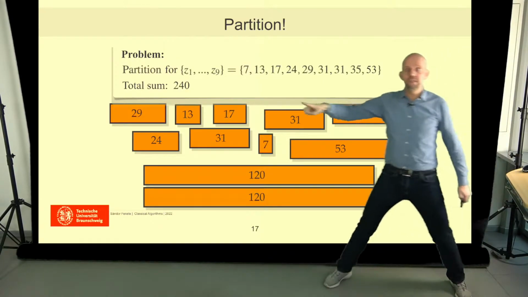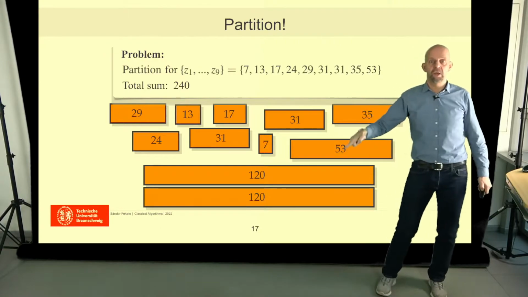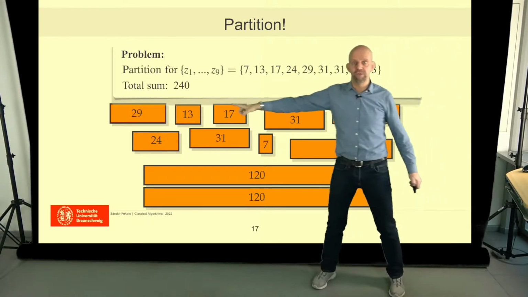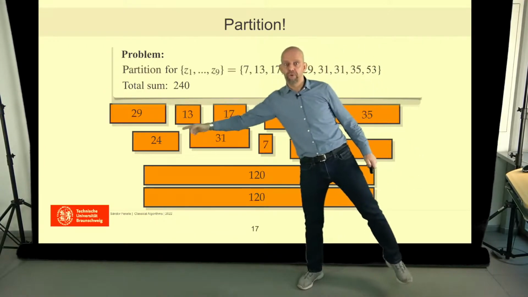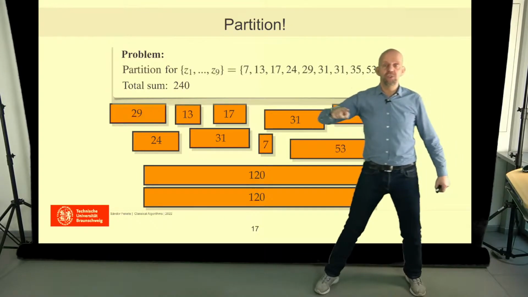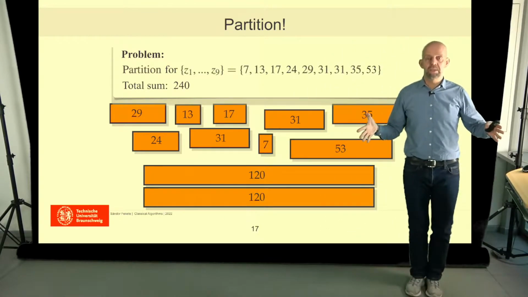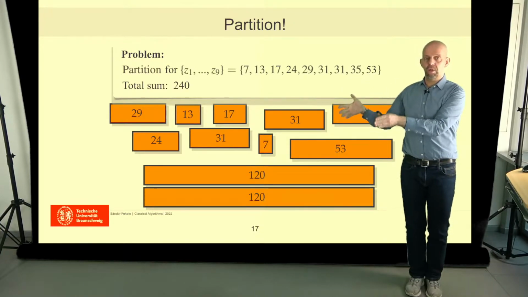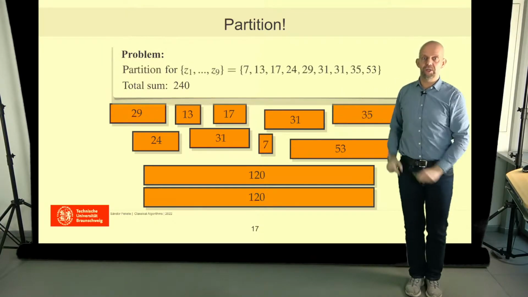So can you take these things, and you see the length here corresponds to these numbers. There's the 7, there's the 13, there's the 24. Can you split this into 2 sets, each of total sum 120?